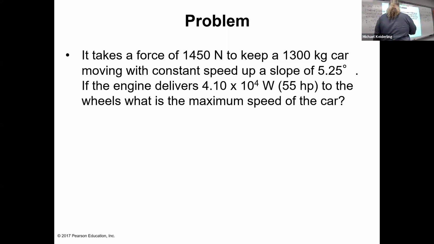This is fairly straightforward. Power is work over time, so that's force times distance over time, so that ends up being force times velocity. We know the force required, we know the power. So the velocity ends up being power over force.